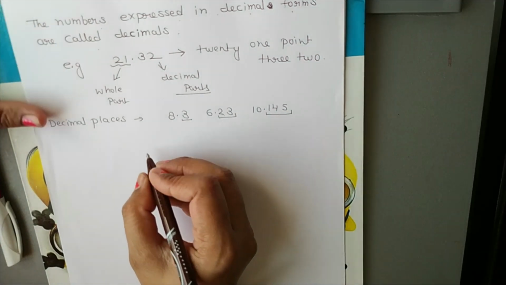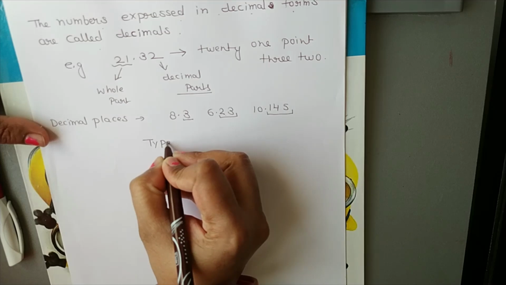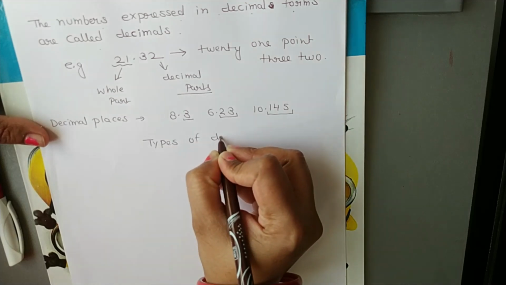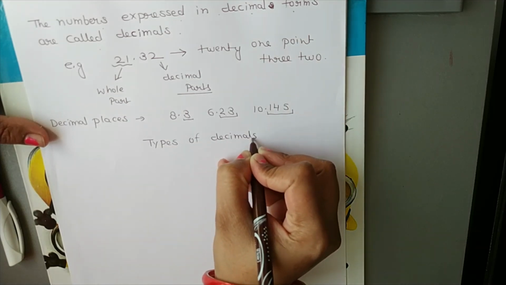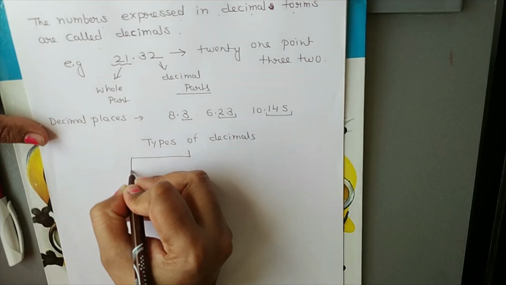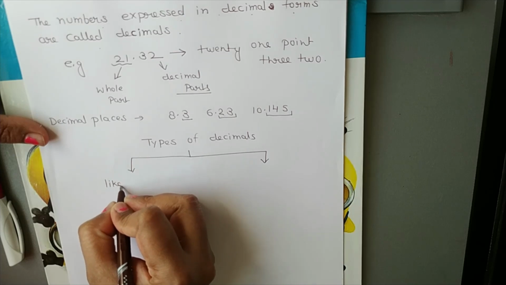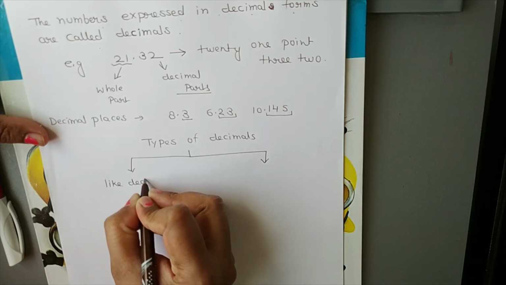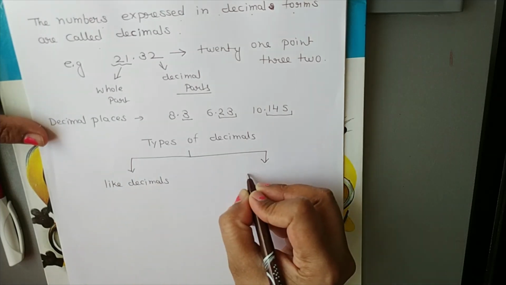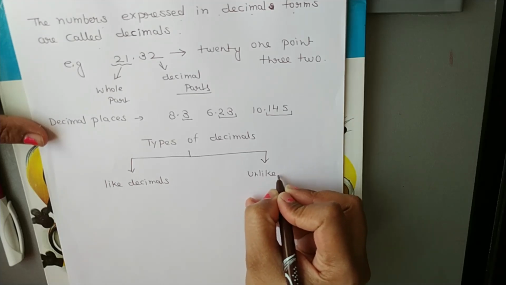Now, types of decimals. There are two types of decimals: like decimals and unlike decimals.